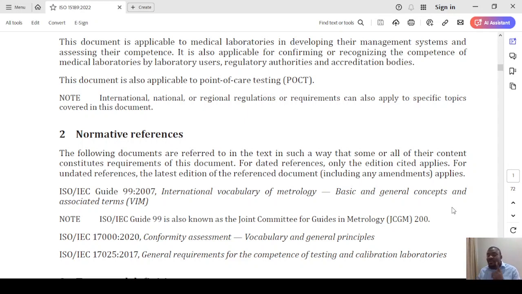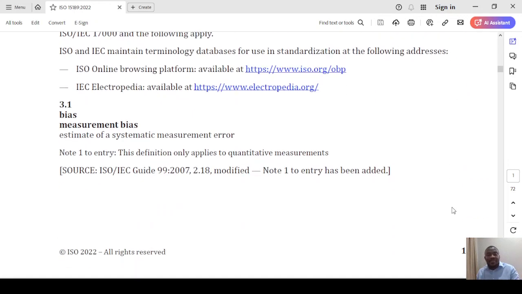For example, if the hemoglobin is supposed to be 6.5 and that is what is actually in the blood of that patient, and your machine measures 6, the bias is 0.5, because it would have been 6.5, but because of those other reasons that Joseph has talked about, your machine has read 6. So this difference between two measurements, one the actual and one what you have measured, is called bias. Okay.